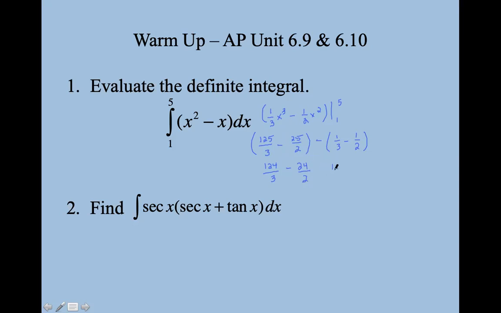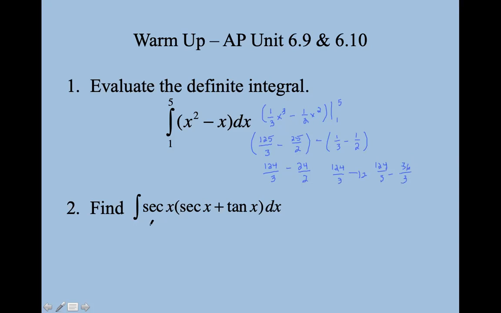So we have 124/3 minus 12. I did this without a calculator, so I'll let you do the simplifying here. Looks like 124/3 minus 36/3, and I'll let you do that subtraction.